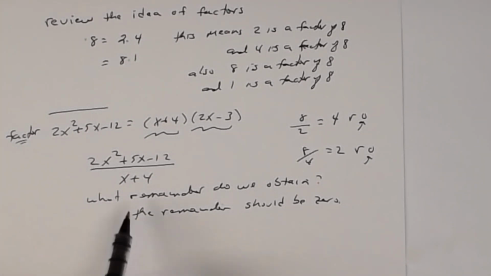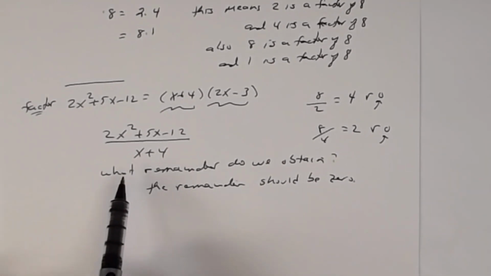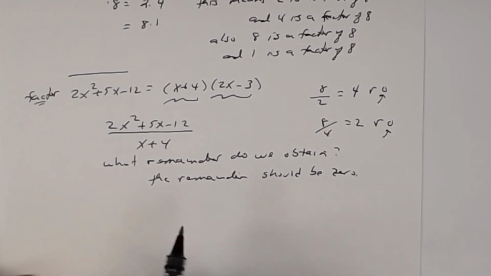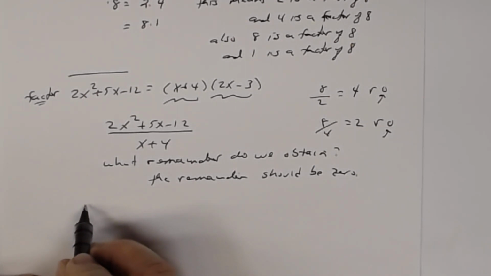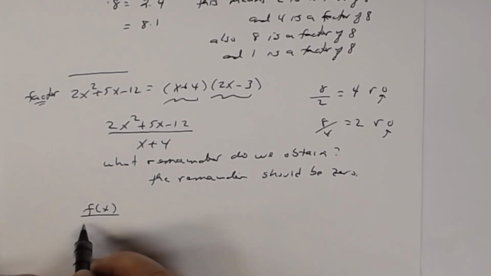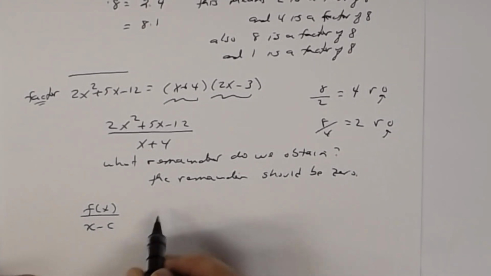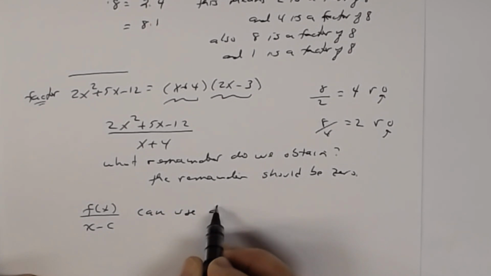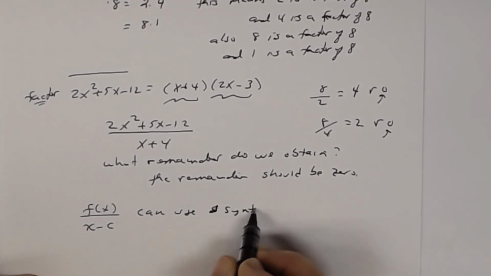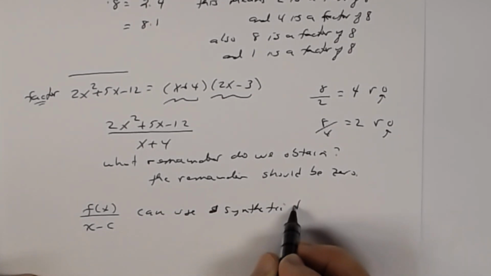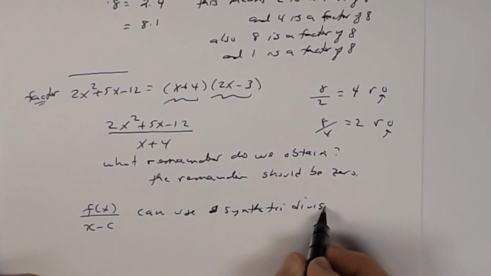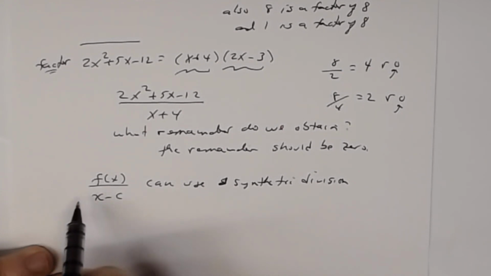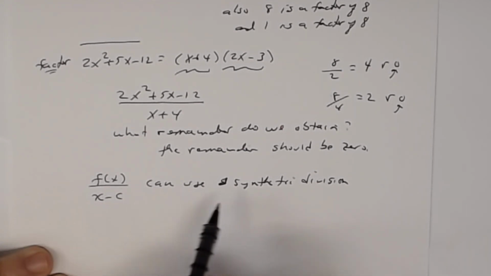Okay, so we're going to check this using synthetic division. Now remember, whenever we divide a polynomial f of x by x minus c, we can use synthetic division. As long as the divisor is x minus c, we can use synthetic division.